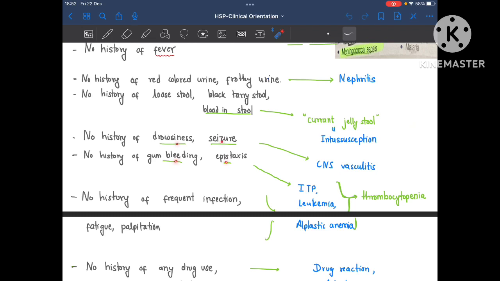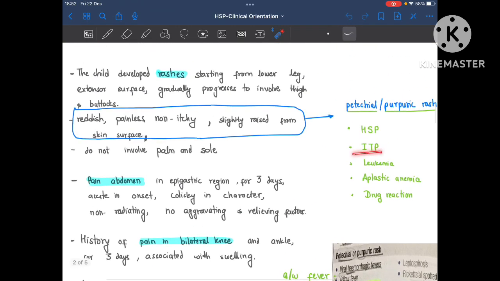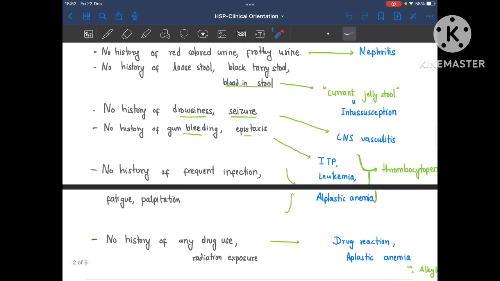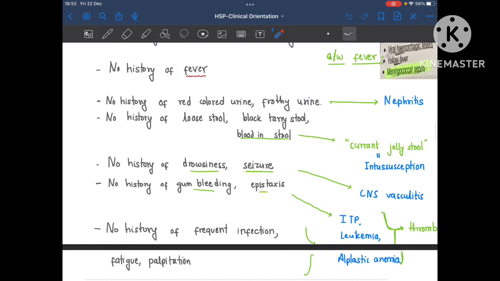Gum bleeding, epistaxis. For our differential diagnosis, what did we think of? ITP, leukemia, aplastic anemia. In all these three, there is thrombocytopenia. If the person has thrombocytopenia, then bleeding will be from other body parts, right? Gum bleeding, epistaxis, they may present.